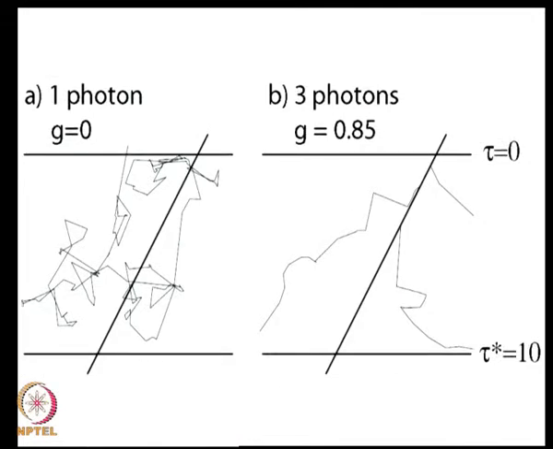And here is an example of the number of photons. This single photon with symmetric scattering, you can see it moves all around. Well, here g equals 0.85, predominantly forward scattering, and you can see that primarily the rays are going down and have no preferential direction on the side.